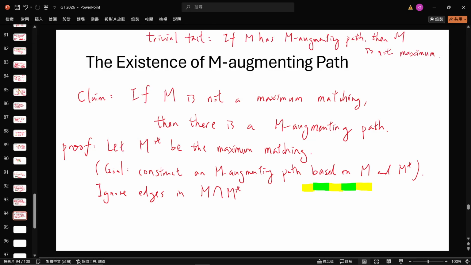So it must be in this form, okay? We start with some unsaturated vertex and using some edge in M star, okay? So recall that M star is the yellow matching.